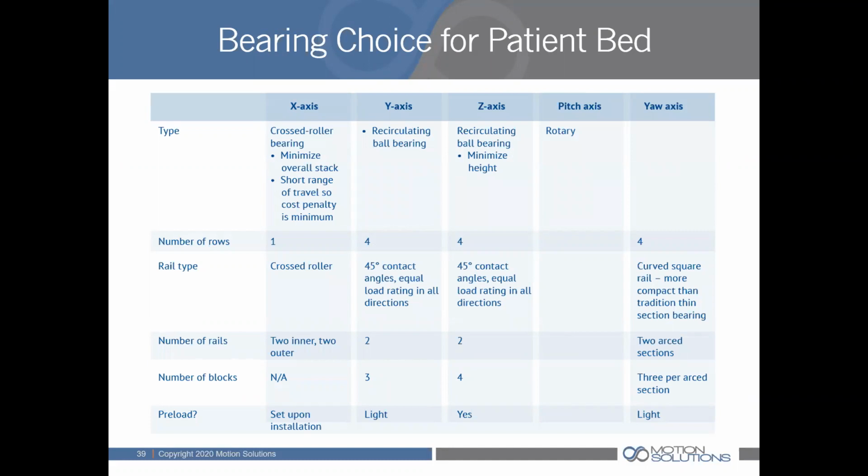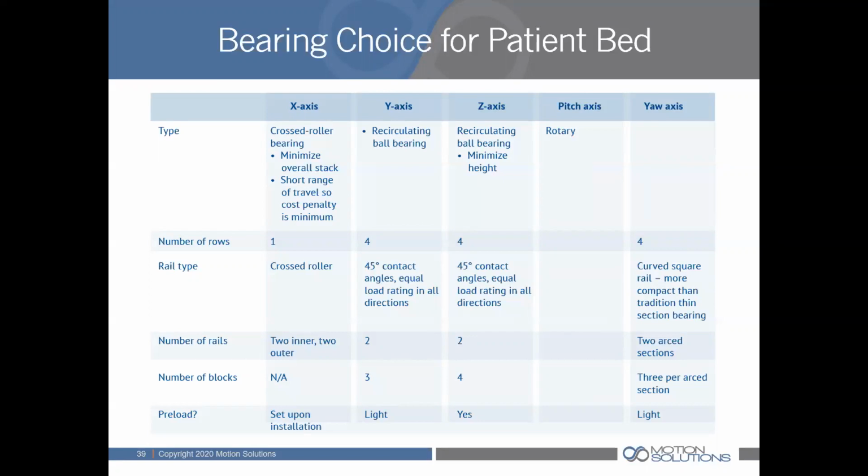I believe in this case we chose size 30, which is a 30 millimeter wide square rail with 4 bearings. The resulting load capacity there was high. And of course we chose a preload because we can't afford to have any clearance. That was able to support the load with maximum rigidity.